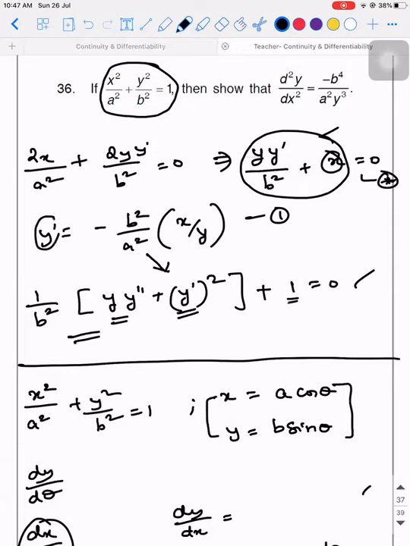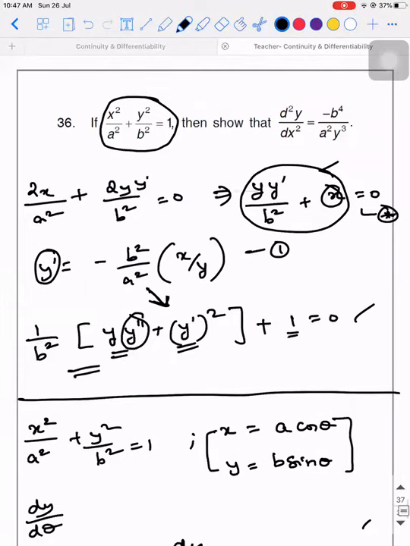So y dash you already rearranged and wrote it. Take that y dash and substitute it here. Y double dash is alone left out. Solve the equation, you should get this.